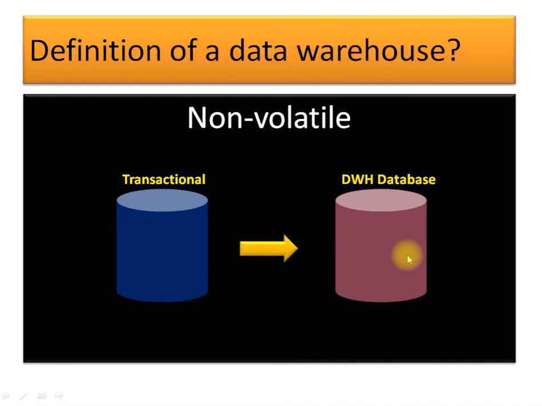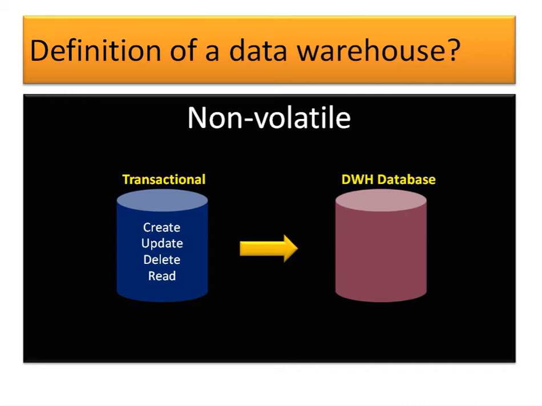And non-volatile. Non-volatile means that a transactional database will allow you to perform insert, update, delete, and read. In the case of a data warehouse database, the major use is only for reporting. The reporting data should not be modified.